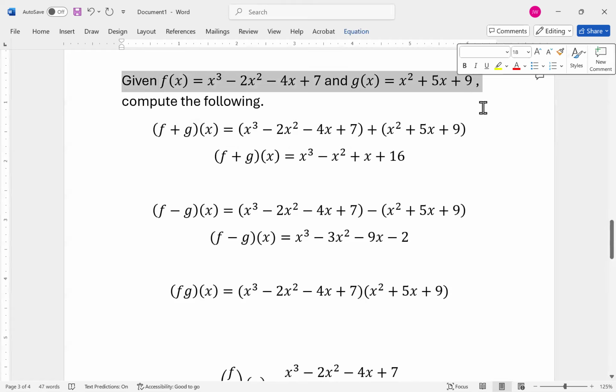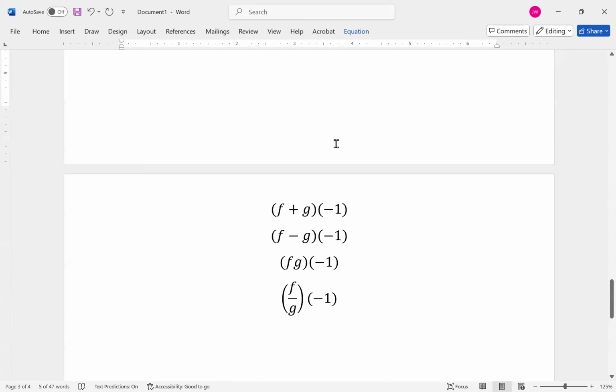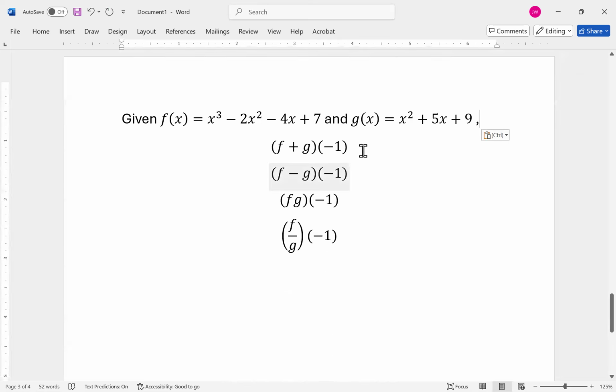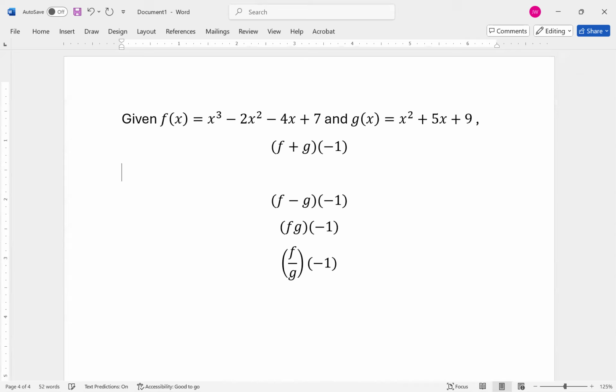Now we're given these two functions, and we're also asked to plug in -1 into f plus g, plug in -1 into f minus g, plug in -1 into f over g.